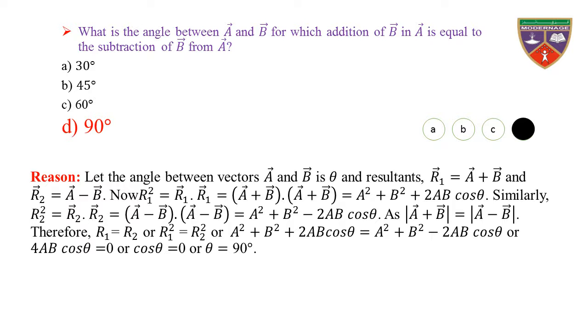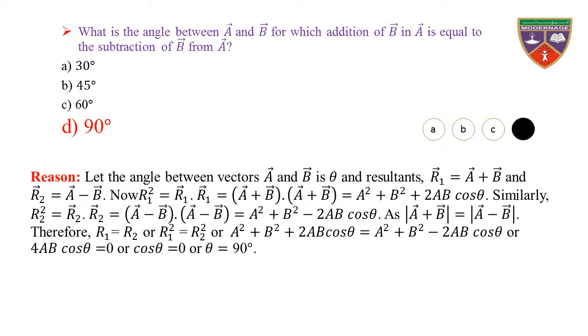Similarly, R2 square is equal to R2 dot R2, which is equal to A minus B dot A minus B, which is equal to A square plus B square minus 2AB cos theta.